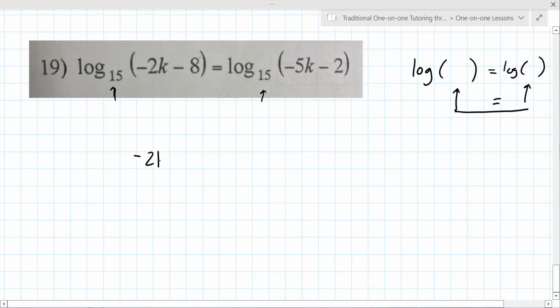Now, this is not being formal, if you needed a formal explanation of how you did this. But this is the net result. When the logs are the same on both sides, you can just set the inside parts equal, and then you solve for the variable. So the logs cancel out. Yes, that's the net effect of it.